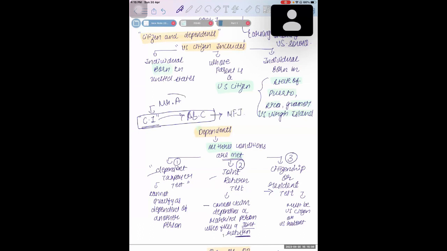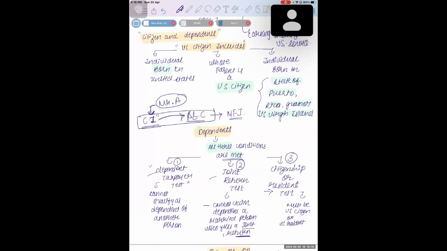So Mr. A cannot claim this child on his tax return because this child is already filing a separate return with someone else as an MFJ status. So second criteria is the joint return test. Whoever is the dependent, whoever is the relative, should not be filing a separate return with someone else.